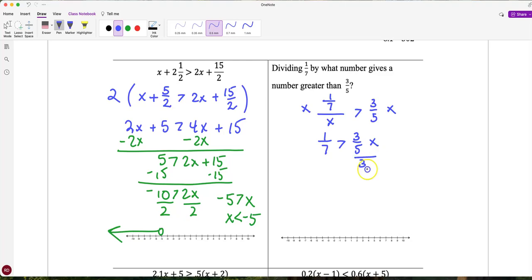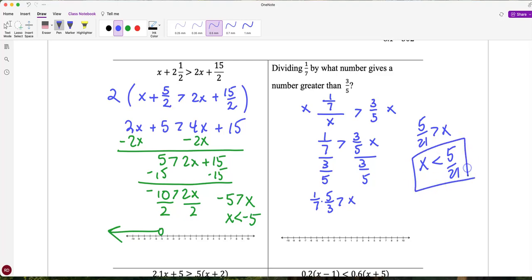Divide both sides by 3/5. So on the left, you've got 1/7 times 5/3 is greater than x, so that's 5 over 21. So 5 over 21 is greater than x, or x is less than 5 over 21.